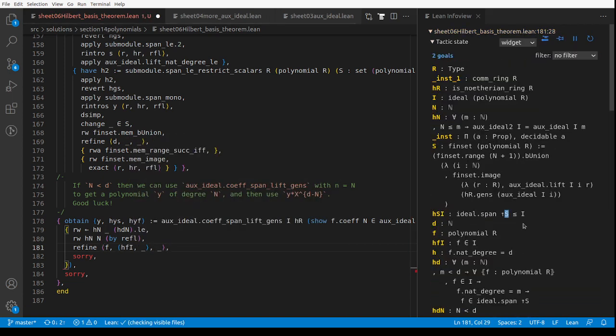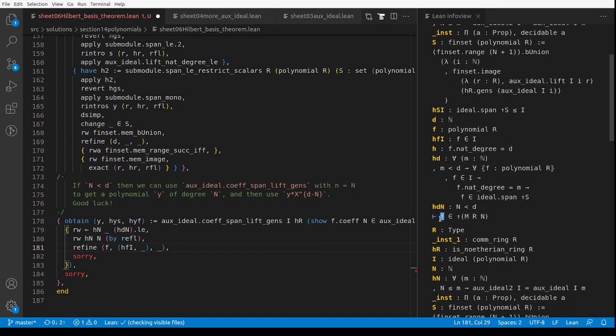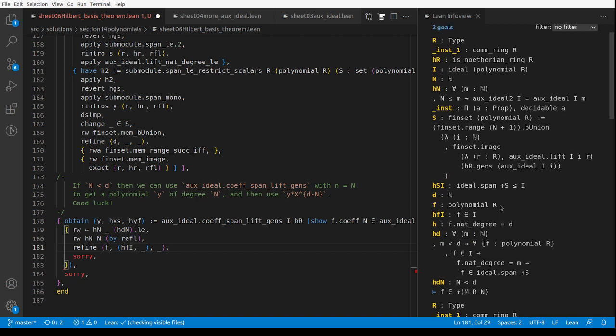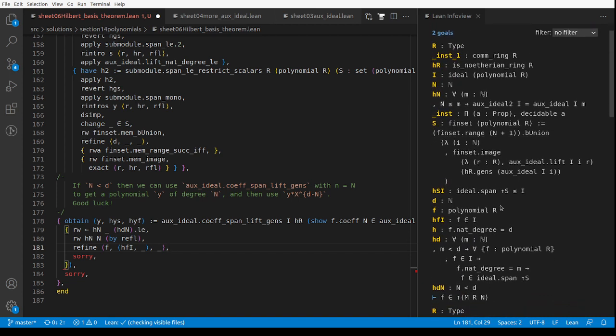There. Now what does it want? Now it wants the degree of f is less than or equal to n, and that's because the degree of f is equal to d, and hopefully, oh whoa, that's not true. This is the case that n is, this is the case that, oh whoa.